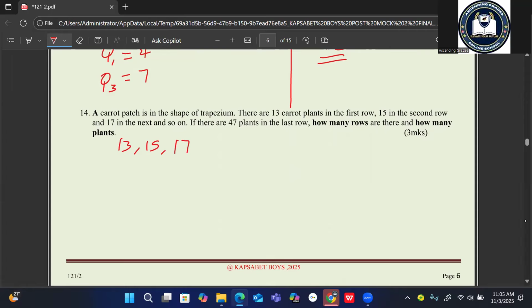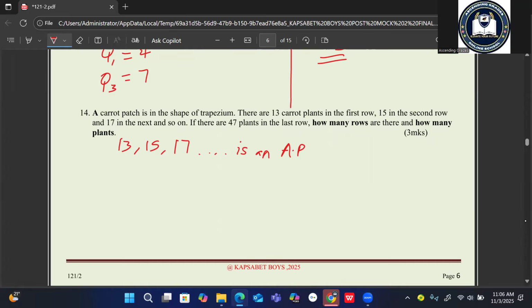So when we clearly observe and analyze 13, 15, and 17, this one is an arithmetic progression, that is AP. If there are 47 plants in the last row, how many rows are there?